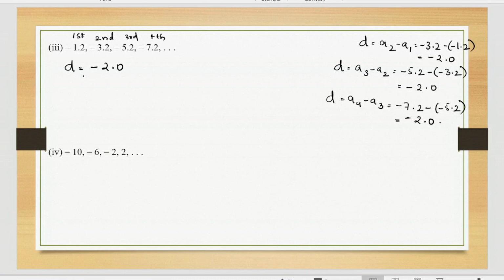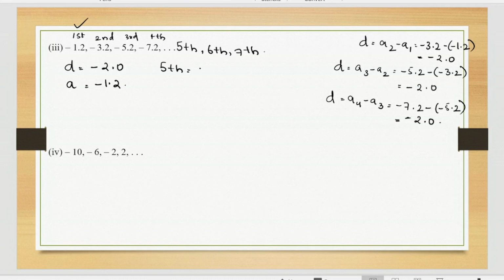Okay. So here first term is minus 1.2. This is the first term. Okay. Now we need to find three more terms of an AP, which is fifth term, sixth term, and seventh term of an AP. Okay. So how do you find the fifth term of an AP?